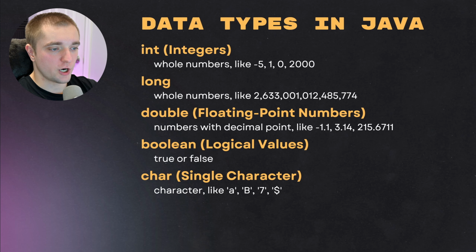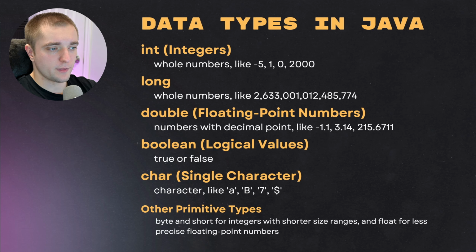Sometimes I can call them char because that's how I'm used to pronounce it, so forgive me in advance for this. These 5 are the most popular primitive types in Java, but the language also has other primitive types, like byte and short for integers with shorter size ranges and float for less precise floating point numbers. Working with numbers, we will primarily focus on int, long, and double for now, as they are commonly used.